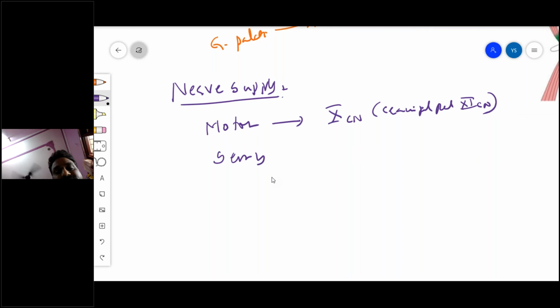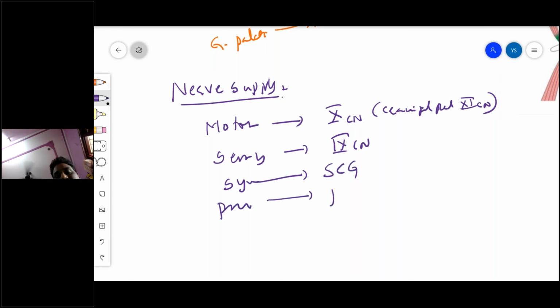Sensory branches are from the 9th cranial nerve. Then other branches: sympathetic from the superior cervical ganglion, and parasympathetic through the pterygopalatine ganglion.